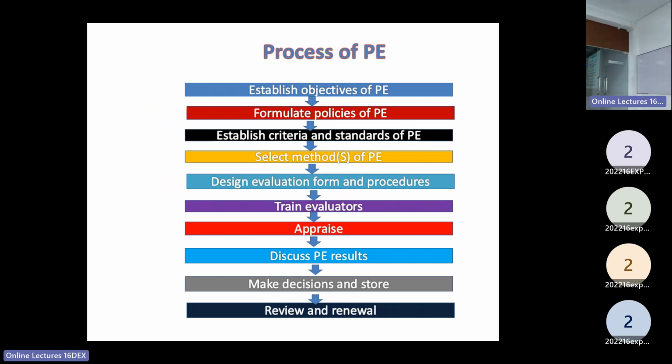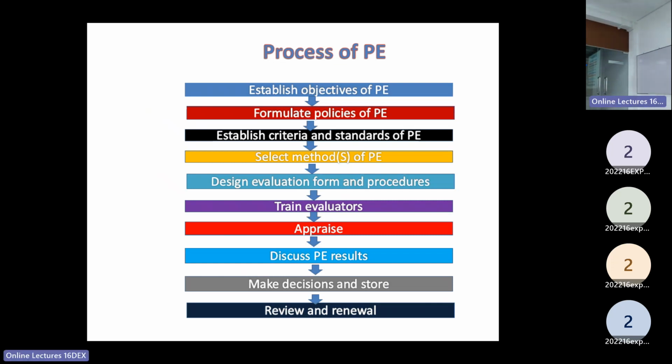Do not do it because you have been doing it in the past. Do not do performance evaluation as a fashion. Understand? There should be a reason. What objectives are you going to achieve by doing performance evaluation this year? Objectives are desired targets to be achieved. What is the desired target?